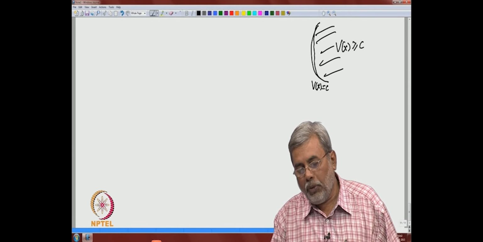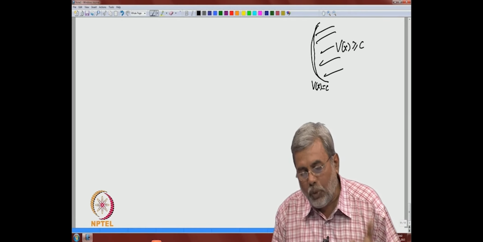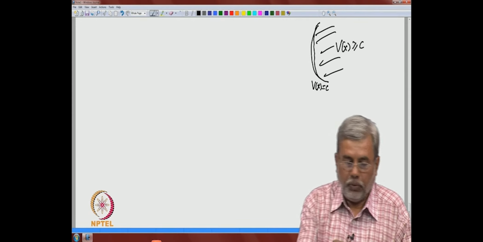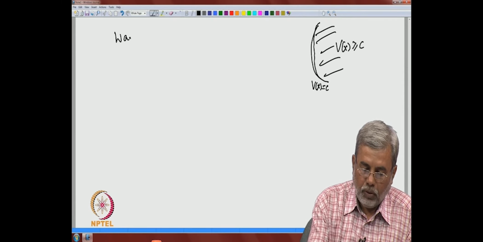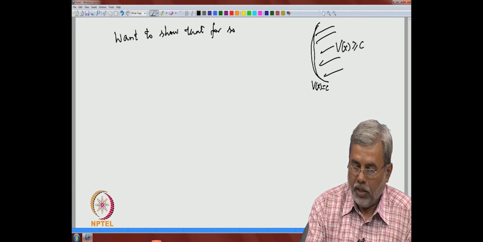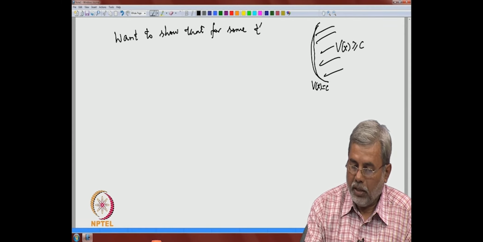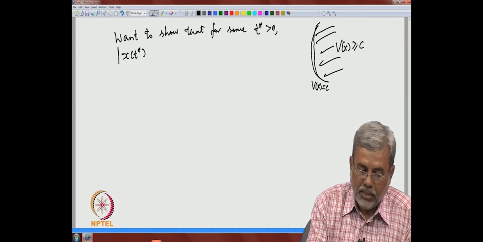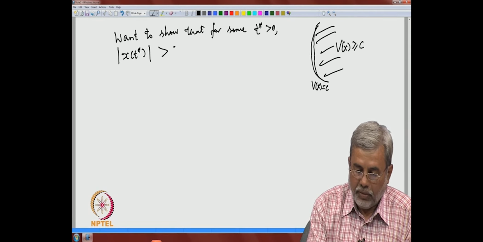Okay. Now, we would like to show that that orbit has to leave the epsilon ball at a later stage. So, we would want to show that for some t star positive, this x(t star) is leaving the epsilon ball, meaning this is bigger than or equal to epsilon.